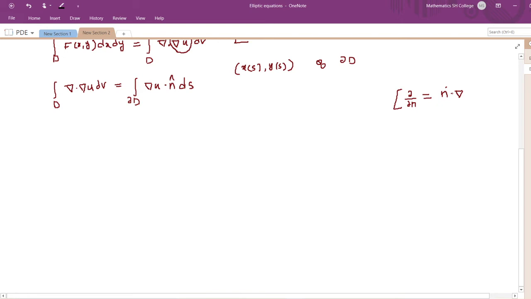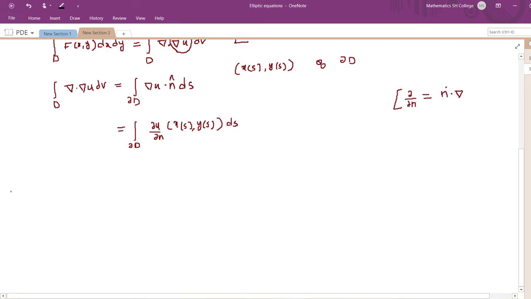Dot product is commutative, so del u dot n is nothing but dou u by dou n. So I can write this as the integral over the boundary of D of del u dot n, that is dou u by dou n, and here we have the parameterization x of s, y of s, ds.